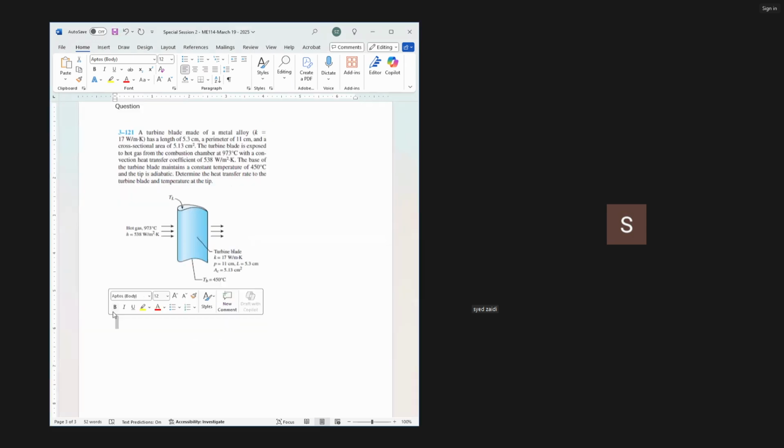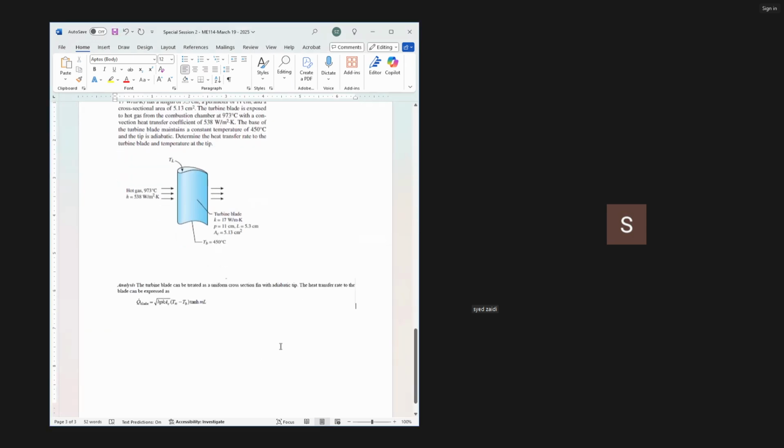This is a very traditional and common way to solve these turbine blade problems. So they will be treated as a uniform cross-section fin with an adiabatic tip, because it's a little bit bent, but they will say that it is a uniform cross-section fin with adiabatic tip.